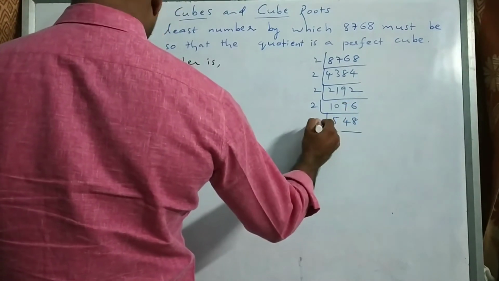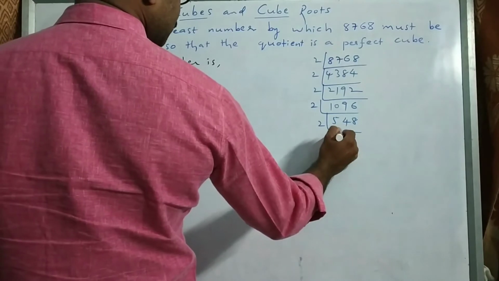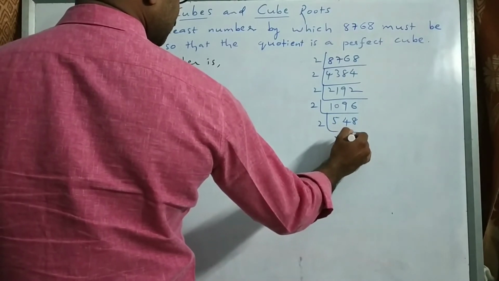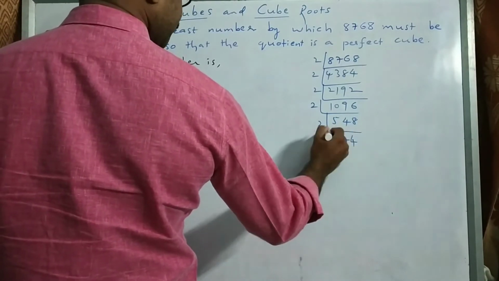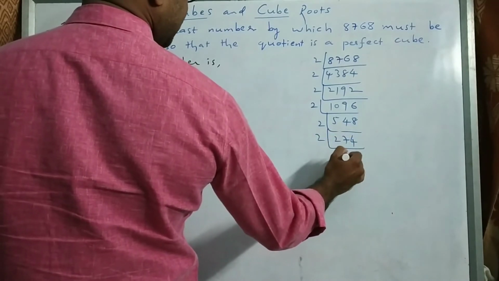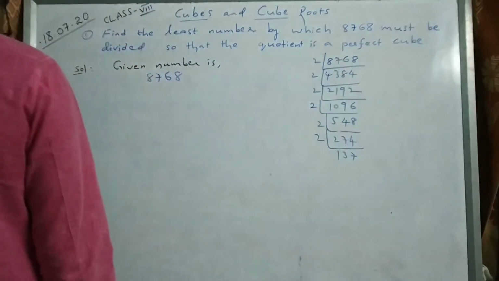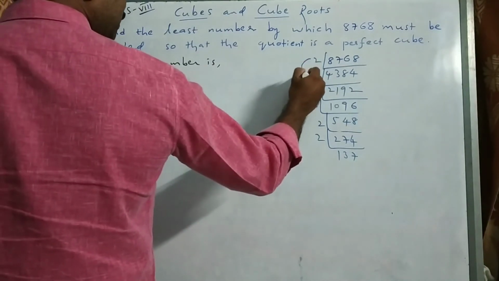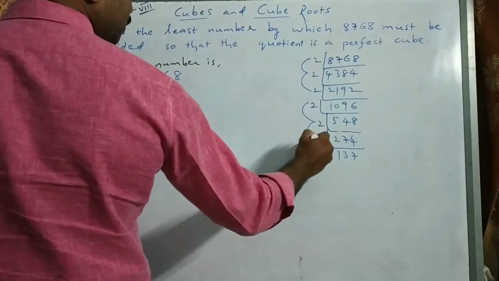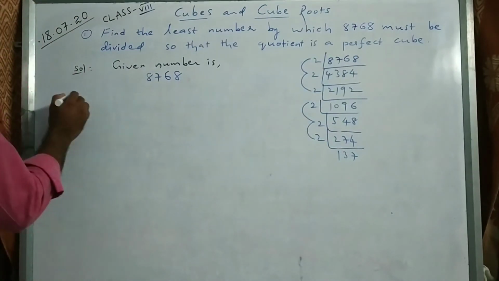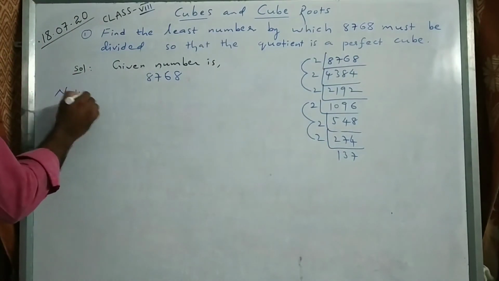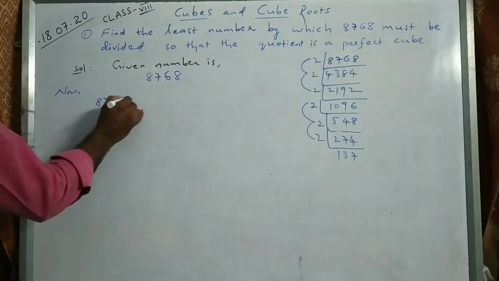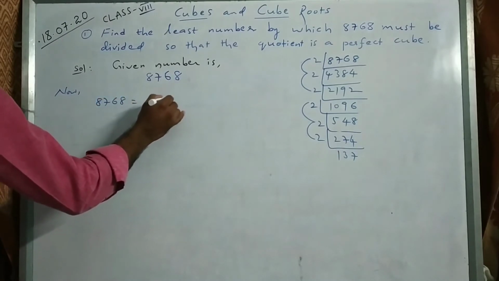Next 2 2s, 2 7s, 2 4s, 2 1s, 2 3s, 2 7s, right? Here 137 is a prime number, right? Here you see 1 2 3, 1 2 3 triplet. Two triplets are there. Now 8768 equals 2 into 2 into 2.